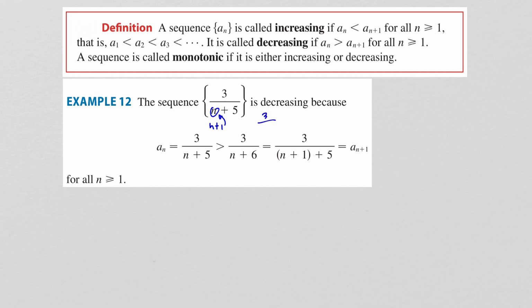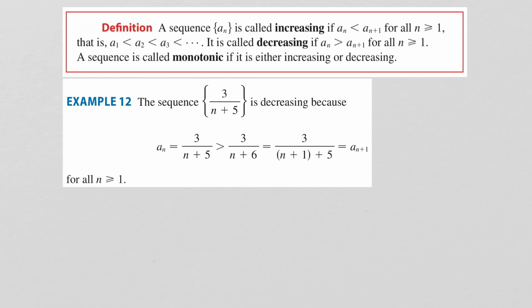And that gives you 3 divided by n plus 1 plus 5, which is 3 divided by n plus 6. And so clearly 3 divided by n plus 5 is bigger than 3 divided by n plus 6, right? Yes, because when you divide by a larger number, you get a smaller overall number. So since this is always bigger than this, a_n is always bigger than a_(n+1), therefore we know it's decreasing.